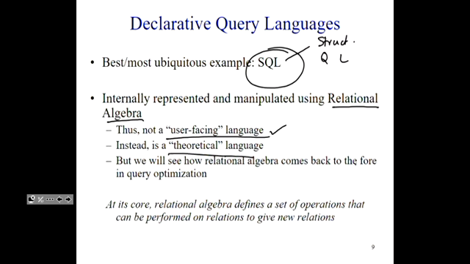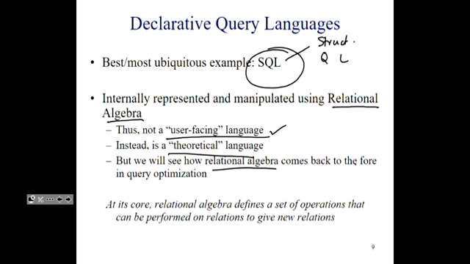Instead, it's kind of a theoretical language. There are no database implementations that actually have relational algebra as a user-facing functionality. It's all internal. But at the same time, relational algebra is extremely crucial in understanding or interpreting these SQL statements or commands, and also is really crucial when it comes to query optimization, because internally all of these queries are represented in the form of relational algebra expressions.